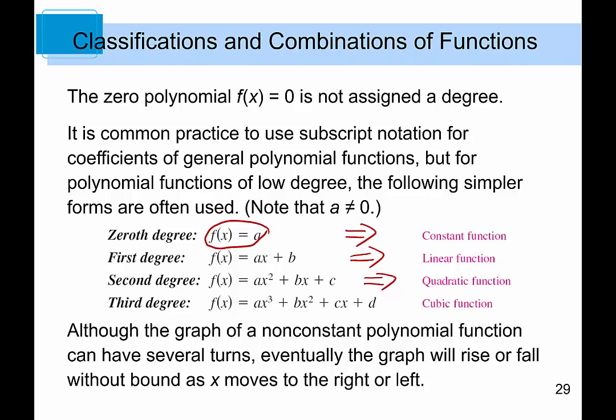Third degree, f of x equals ax cubed plus bx squared plus cx plus d. So that's a typical cubic function. Although the graph of a non-constant polynomial function can have several turns, eventually the graph will rise or fall without bound as x moves to the right or left.